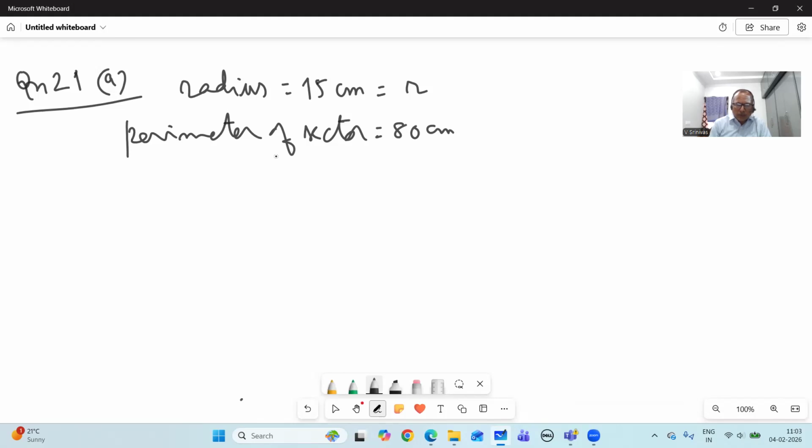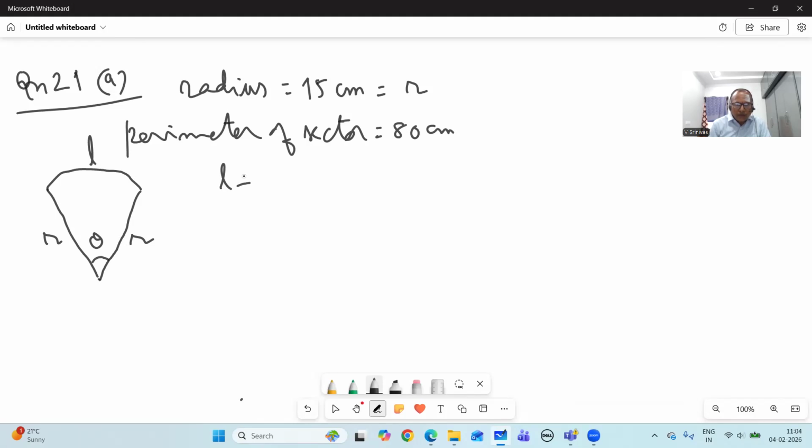And what is perimeter in terms of r and theta? Say this is the sector. This is the sector angle, say it is theta, this is small r, this is small r, this arc length is, let it be small l. So what is perimeter?